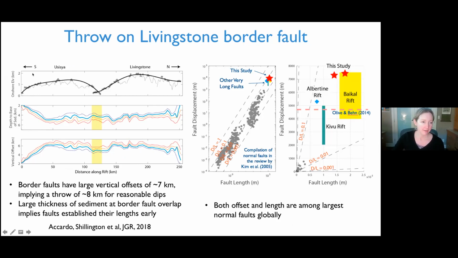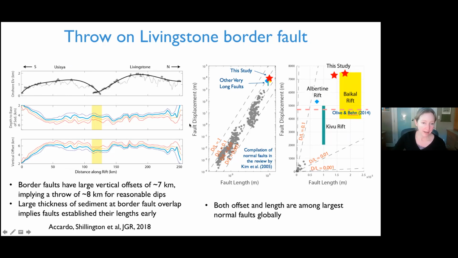The upper panel on the left shows elevation onshore, and the black lines are a smooth fit to the highs of that elevation. Of course, there's been erosion of the uplifted footwall, so this is a minimum estimate in a way, but we've taken the highest topography as our best shot.